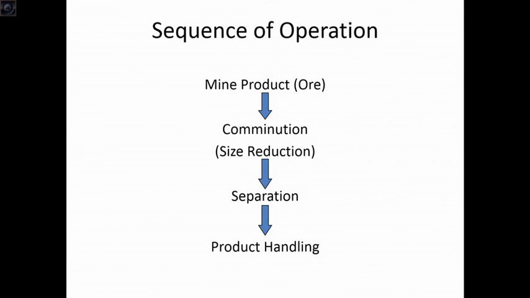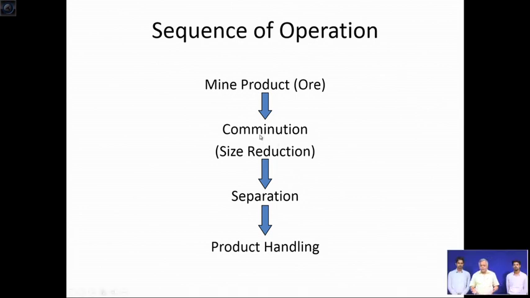Now, if you look at the sequence of operations in mineral processing, we start with the mine product, which we call ore. Then we go for breakage of the mine product, that is called comminution, that is size reduction. Then we go for separation based on physical property differences. And lastly, you have to handle the waste material as well as your wanted material, which is being concentrated, through bulk material handling processes.